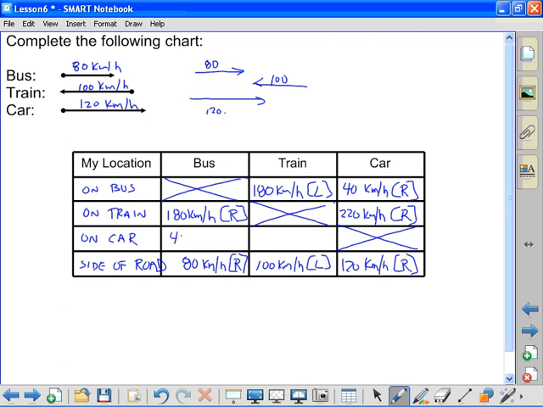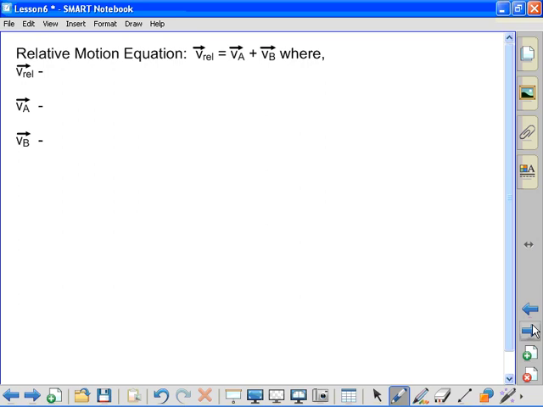It's doing 40 kilometers an hour to the left, so it looks like it's backing up and you're stationary. It's funny tricks that the brain plays with you. Similarly, with the car and the train, you see it doing 220 kilometers an hour to the left, and the car being stationary. Which leads me to the actual formula.